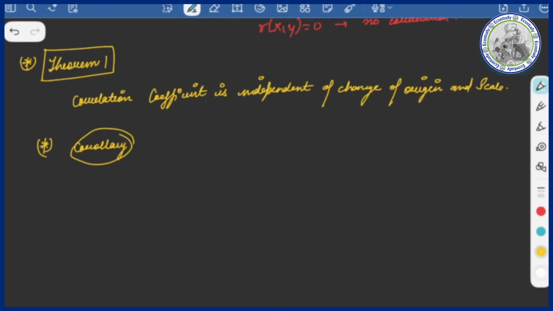What does it mean? These are used mainly for solving questions.